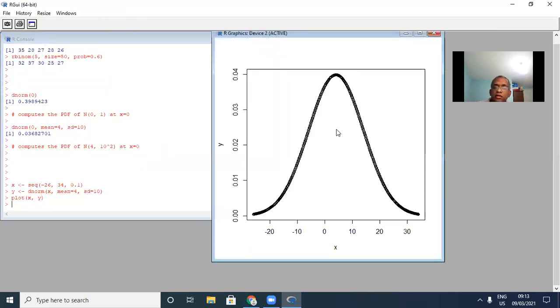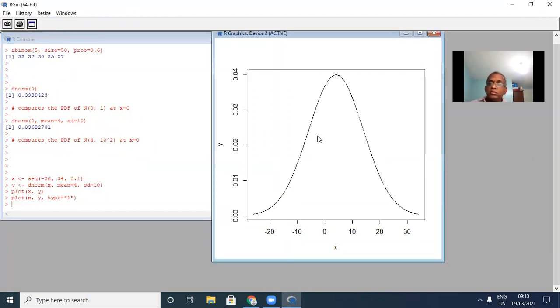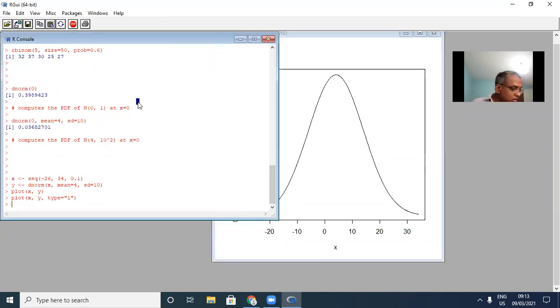As you can see, this is the typical shape of the density of a normal distribution. If you want, you can join the points by a line, and you will get this smooth version of the density of a normal.